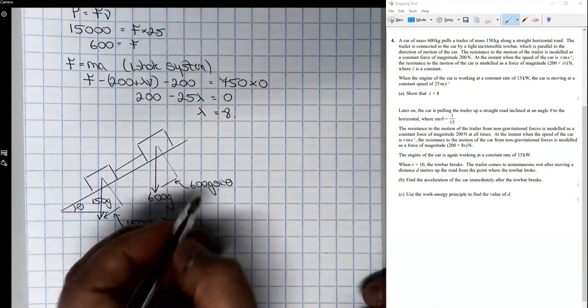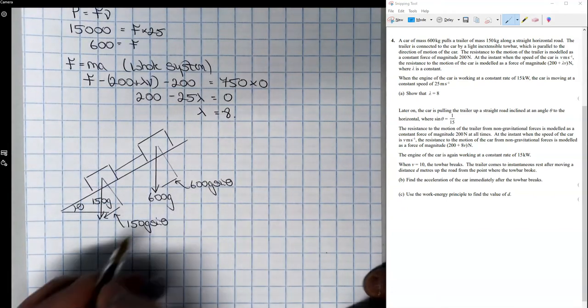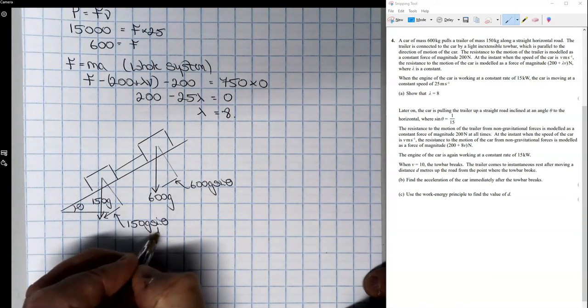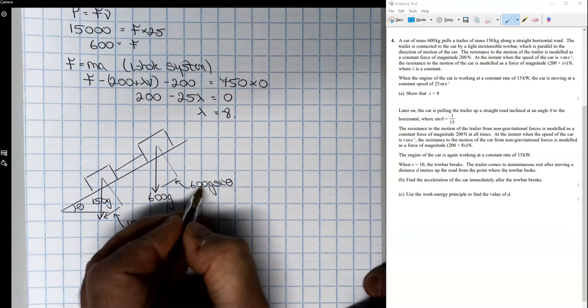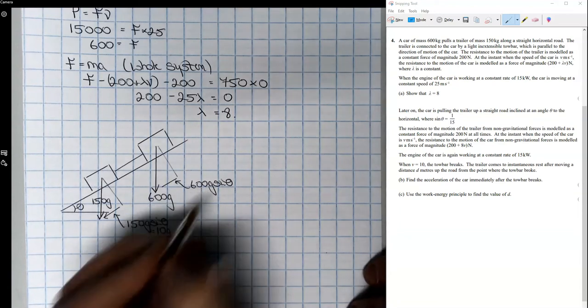Okay, so this is 10 G, and this is 40 G.